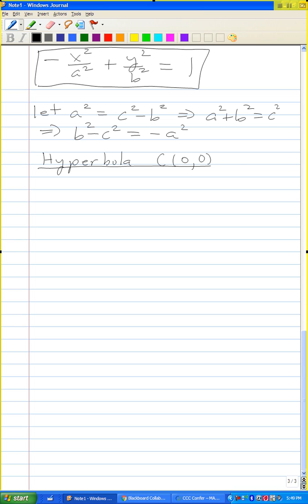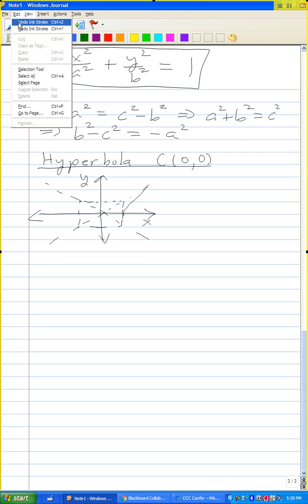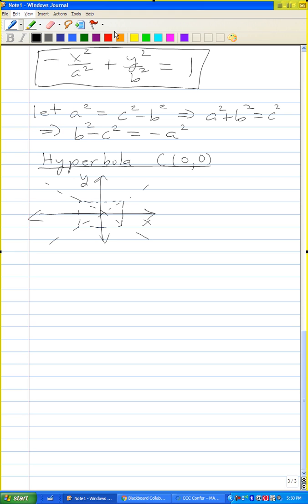So if you happen to have a hyperbola centered at the origin, let's see if I can draw this a little bit better.